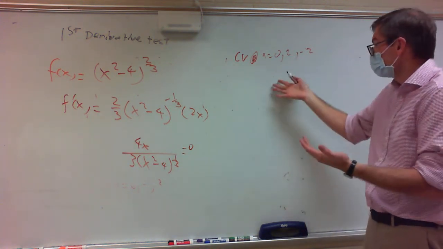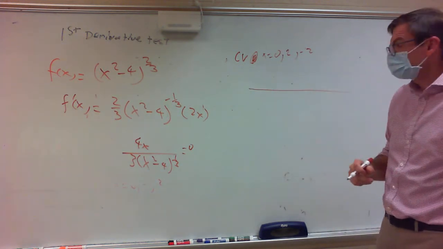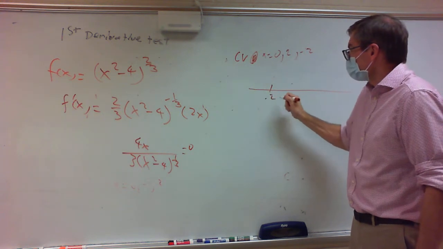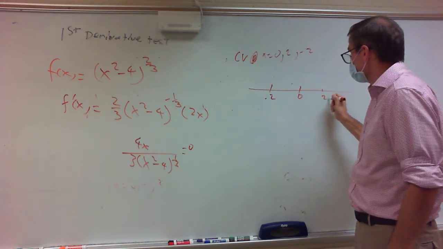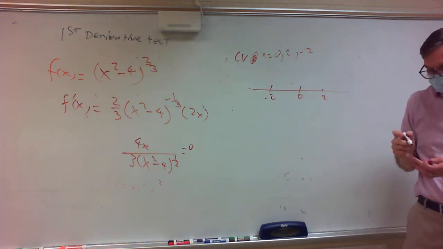Now that I found my critical values, I'm going to do my chart. My chart has -2, 0, and 2, and I've got to find out what's happening in each interval.